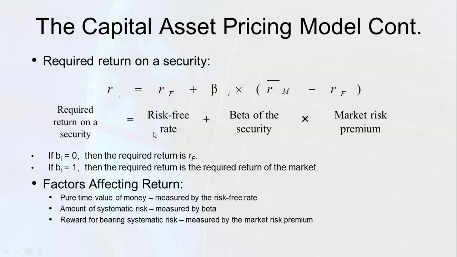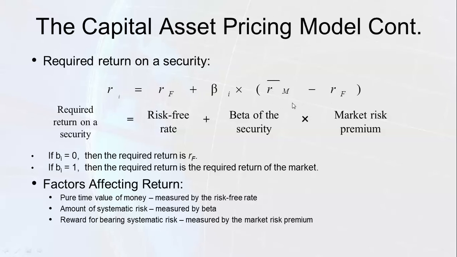The risk-free rate is the pure time value of money. The amount of systematic risk is measured by beta, and the reward for bearing systematic risk is measured by the market risk premium.